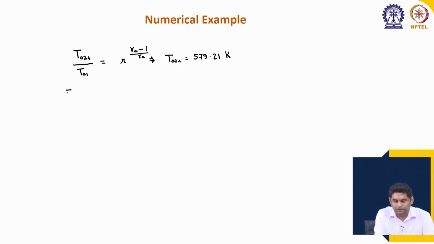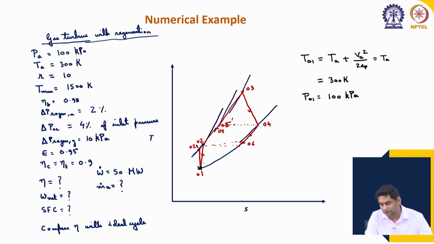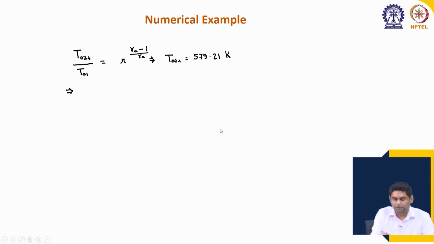Now, we will use the isentropic efficiency definition for the compressor. So, we know that eta C is equal to T02s minus T01 by T02 minus T01. Okay. So, eta C is equal to T02s, which is a known quantity, we have already calculated, minus T01, known quantity 300 Kelvin, by T02 minus T01.